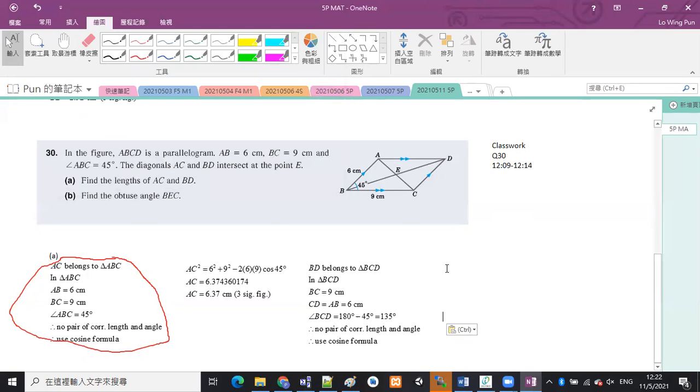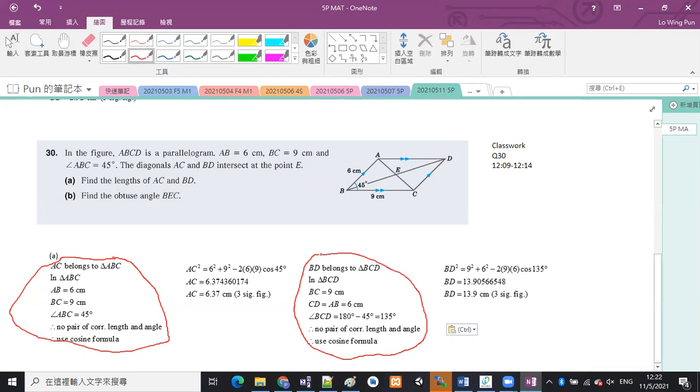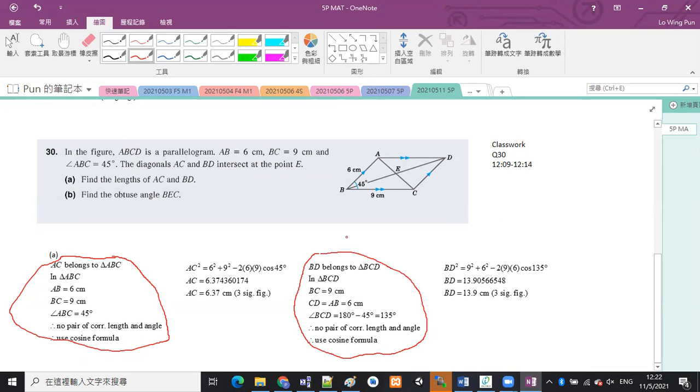Okay? And again, this column is the thinking steps. You don't need to write down the thinking steps in the solution, but I need you to know. So these 3 lines and these 3 lines are the solution of part A. Can you follow? Okay, part A.